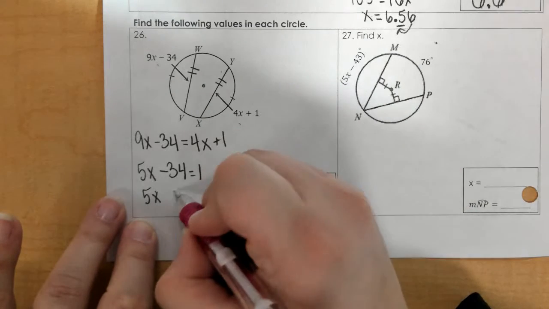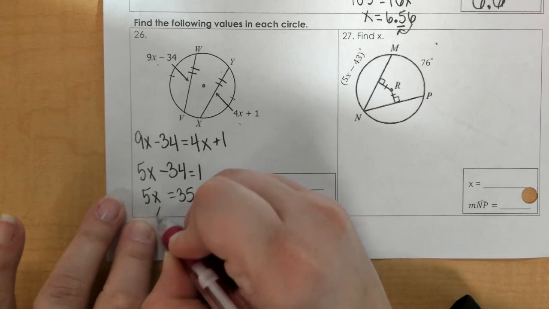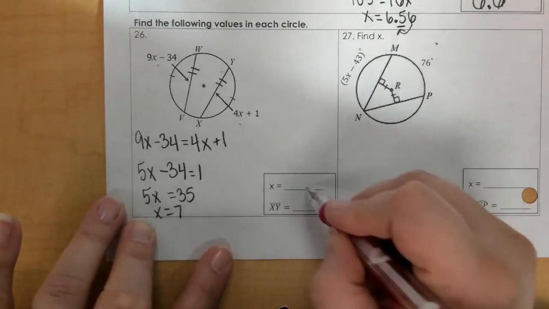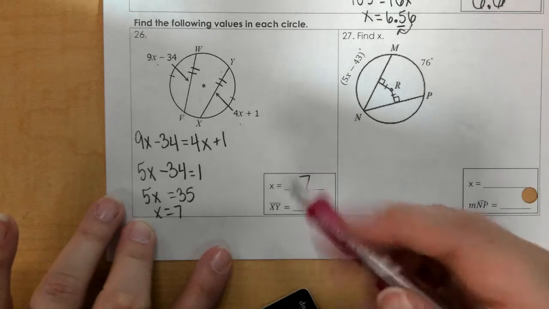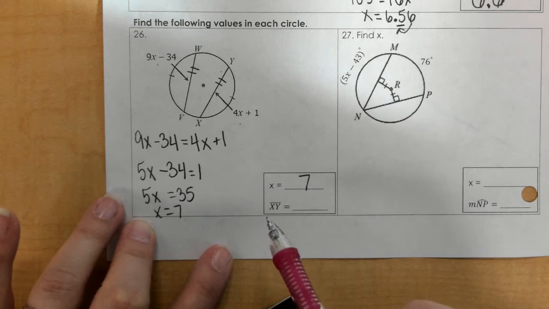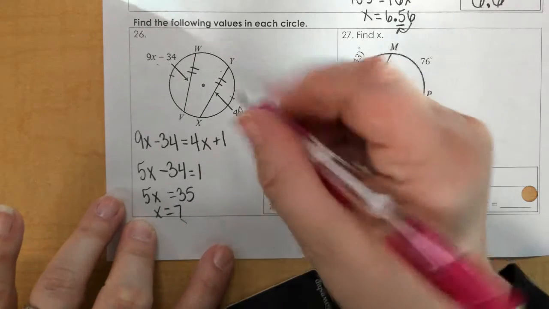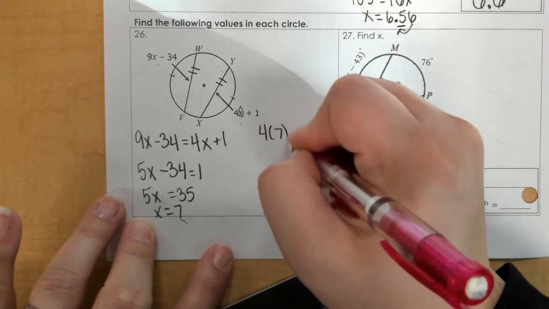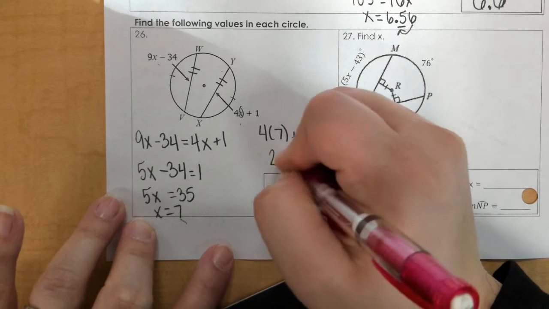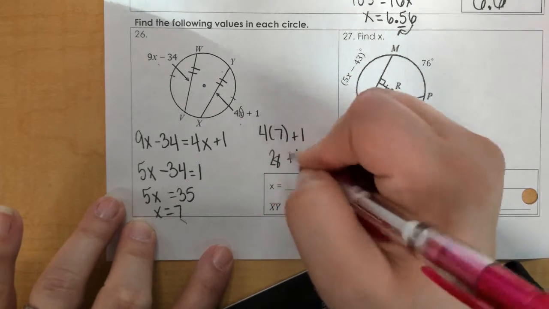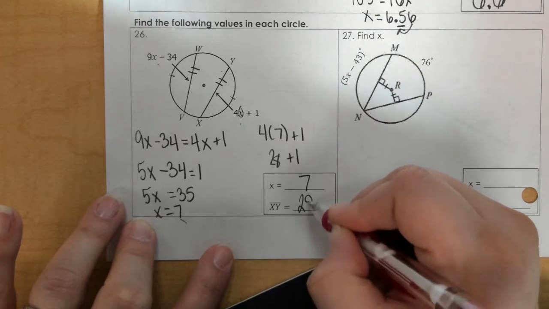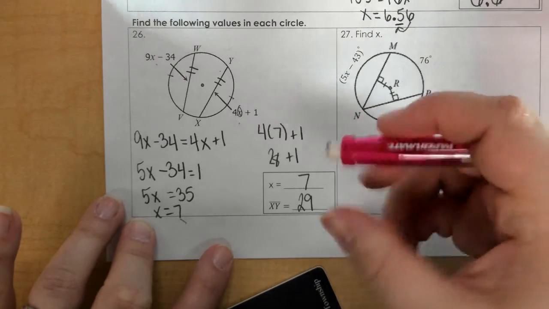If I add 34 over, we get 35, and x is simply 7. And it asks us, what is the segment of xy? So I take the 7, and I got to plug it in for x right here. So 28 plus 1 is 29. Okay.